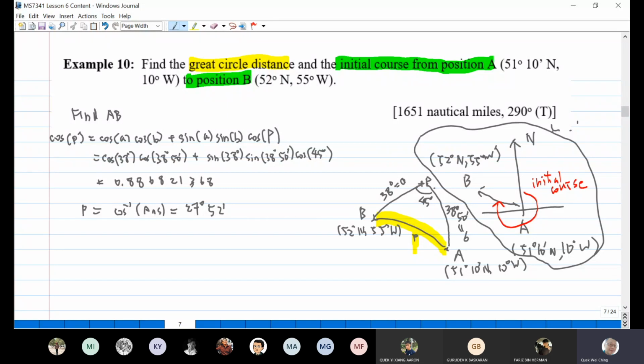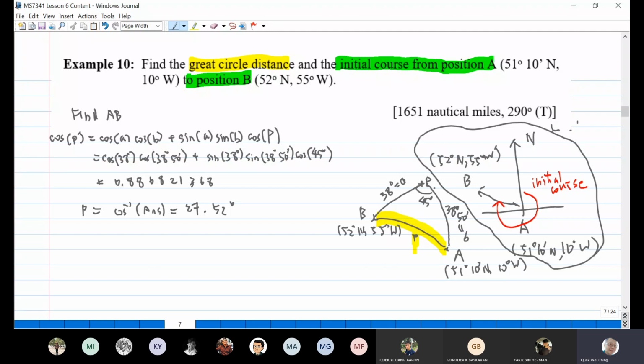So you only need to convert the minutes into degrees: 27.52 degrees. So that is the great circle distance from A to B.